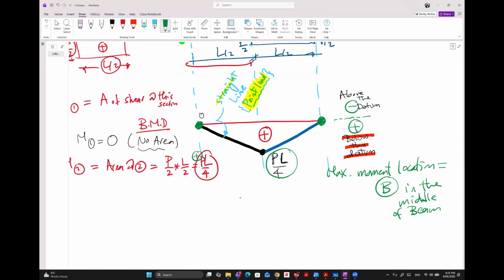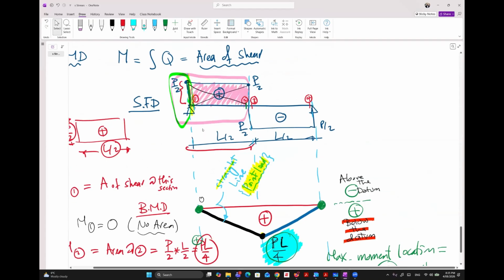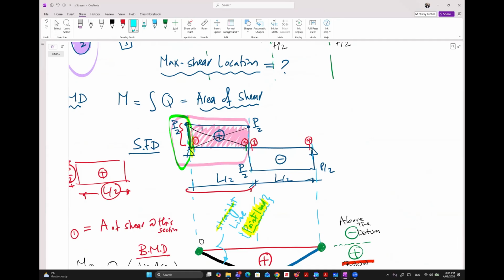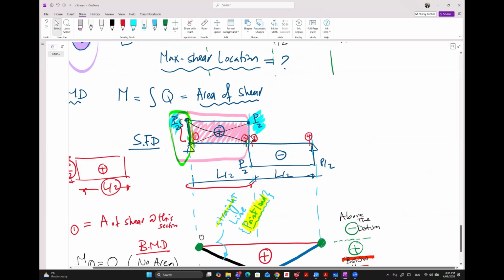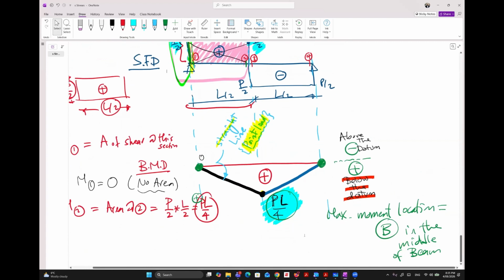Because when we are designing a beam, we look at two important pieces of information. What is the maximum moment on this beam? And what is the maximum shear on this beam? And what is the location of the maximum shear? What is the location of the maximum moment? Do you have any question now for this part?